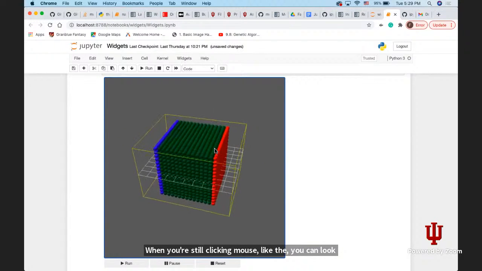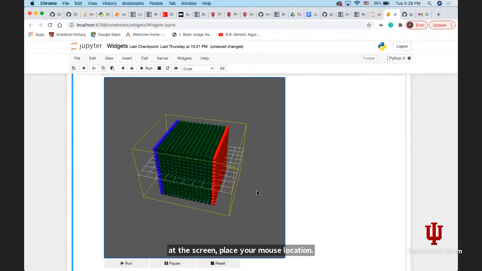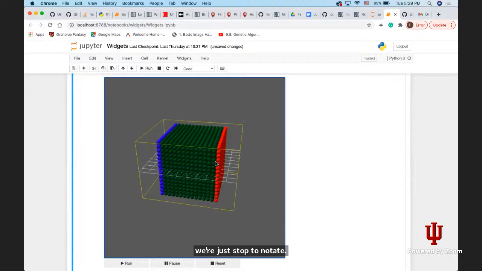If you release the mouse, the screen will just stop rotating. And if you hit the reset button, it will reset the image into the initial camera state.